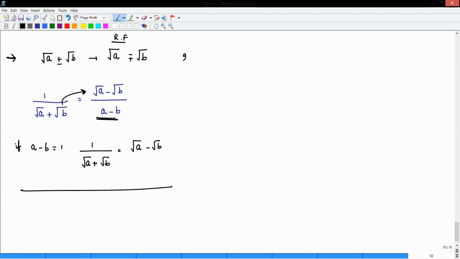Suppose you have 2 plus root 3 and 7 minus 4 root 3. Take this as A, take this as B. You can do A square minus B square and you can check it. Which means first square and second square. If it is root A and root B, you just square it and check it. So many numbers like this.